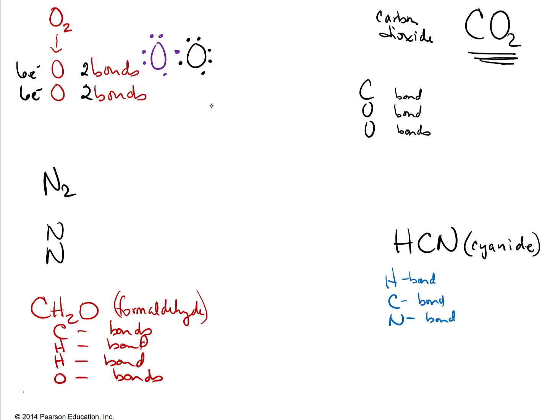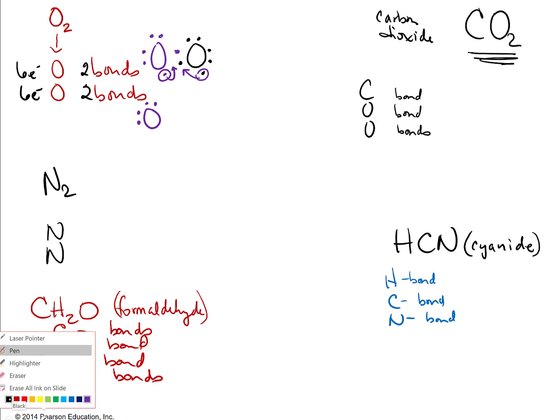If you have unpaired electrons, that's going to tell you that you've got to make a double bond. So you're going to move this electron in between the 2 oxygens and this electron. You're going to make 2 pairs of electrons that get shared. The non-bonding electrons stay where they are. I'll use a red because you can see it a little better.